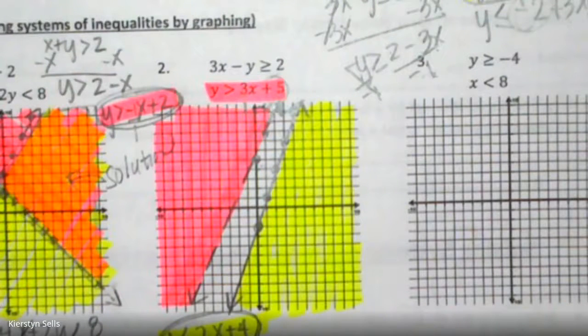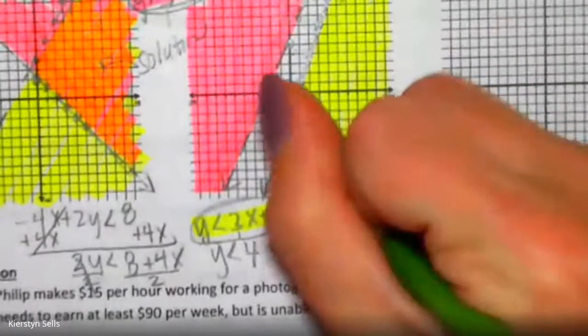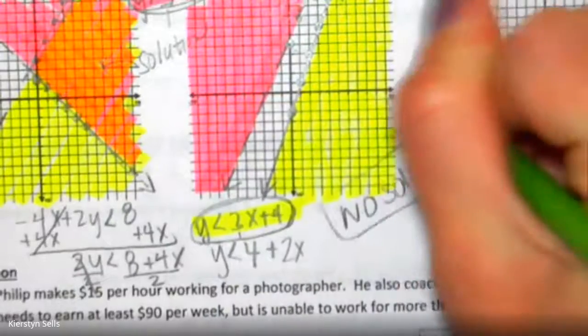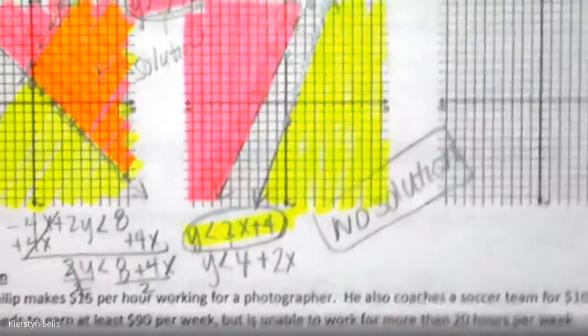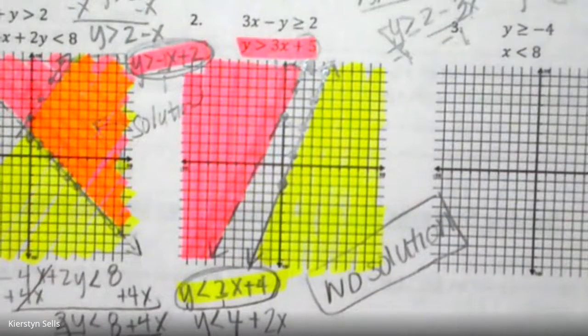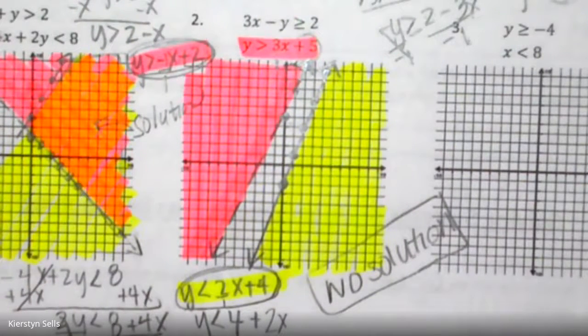So is there any part that overlaps? No. So there is no solution to that one right there. You are correct. If the lines are parallel and the shading goes opposite ways, there is no solution.